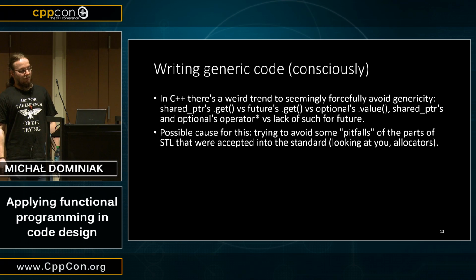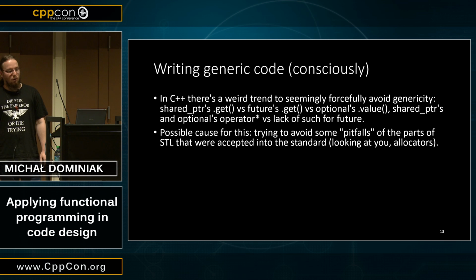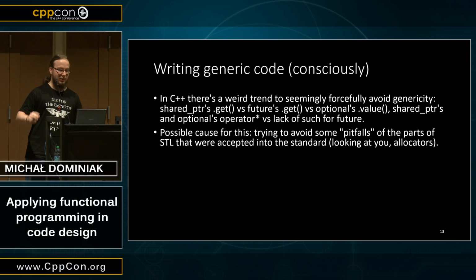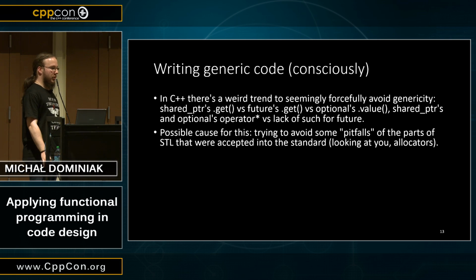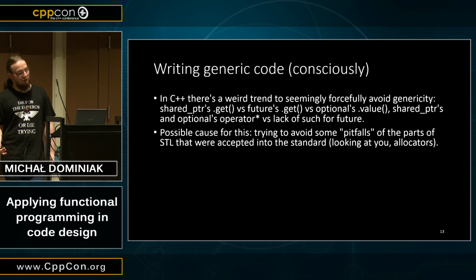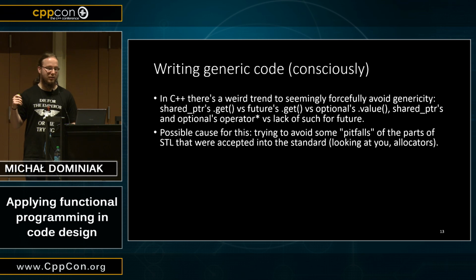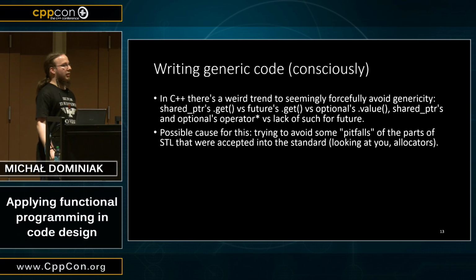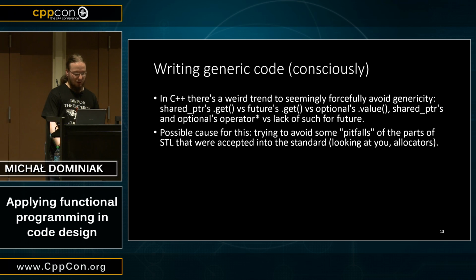And I think that this may follow from the fact that some pieces of code that we are still using were kind of over-engineered, over-generalized. And we look at them and we have a feeling, no, I will not do that. I will not go that way.